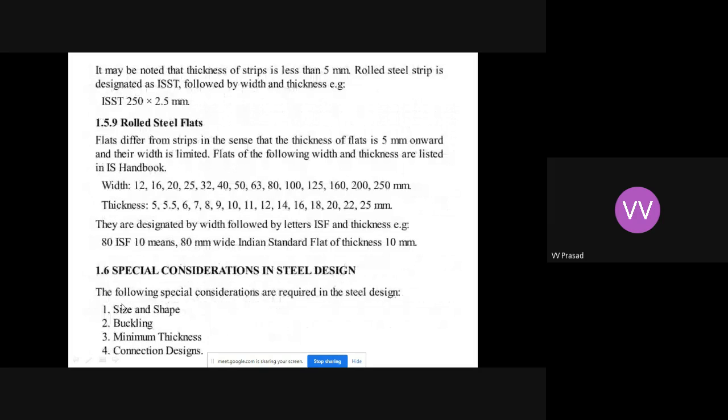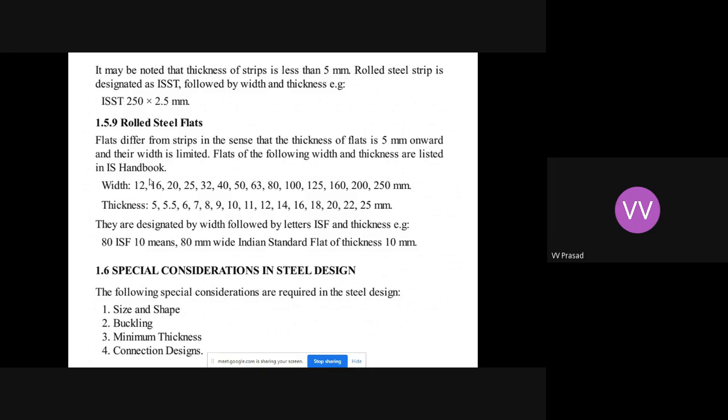Next one, steel flats. Steel flats are also useful in constructions. Flats differ from strips in the sense that the thickness of flats is 5 mm onwards and their width is very limited.